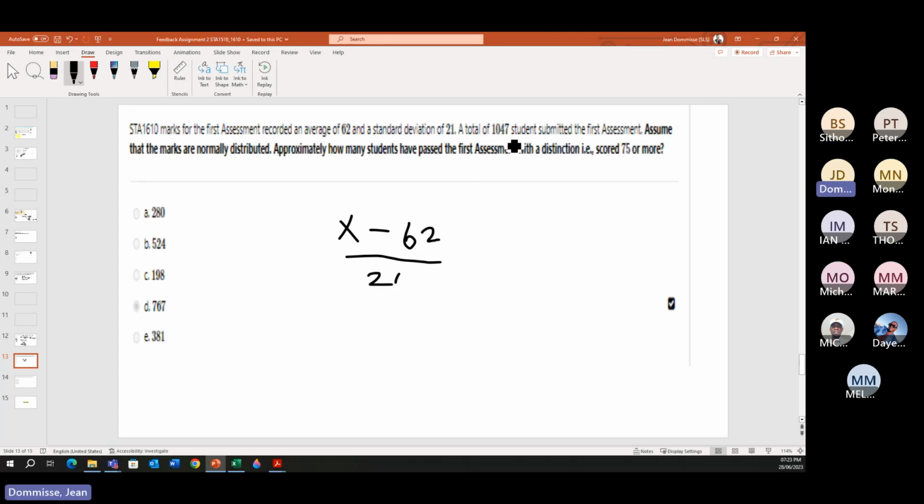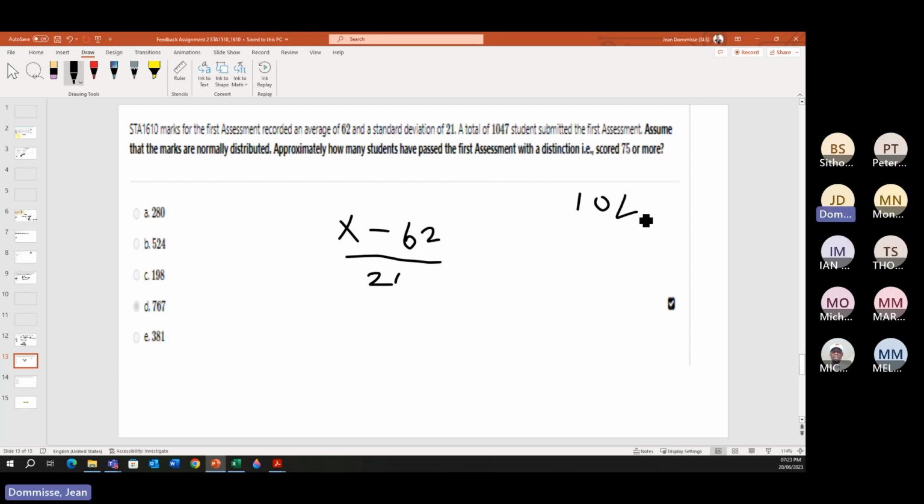A total of 1,074 students submitted the first assessment. Assume that the marks are normally distributed. Approximately how many students have passed the first assignment with a distinction, scored 75 or more?